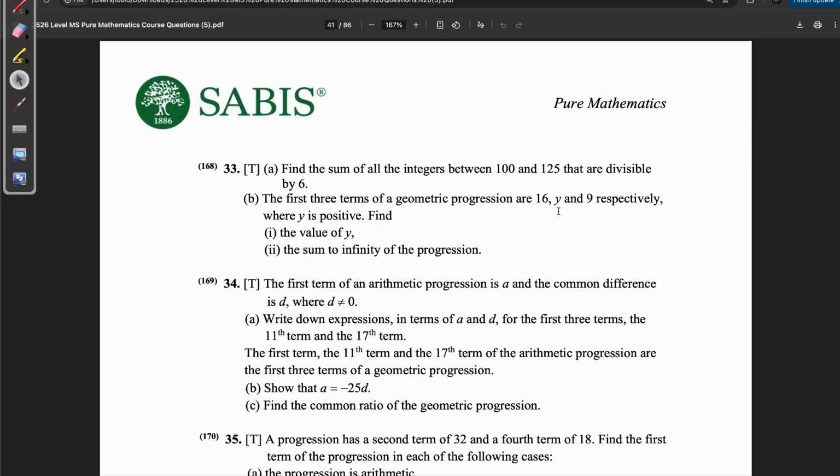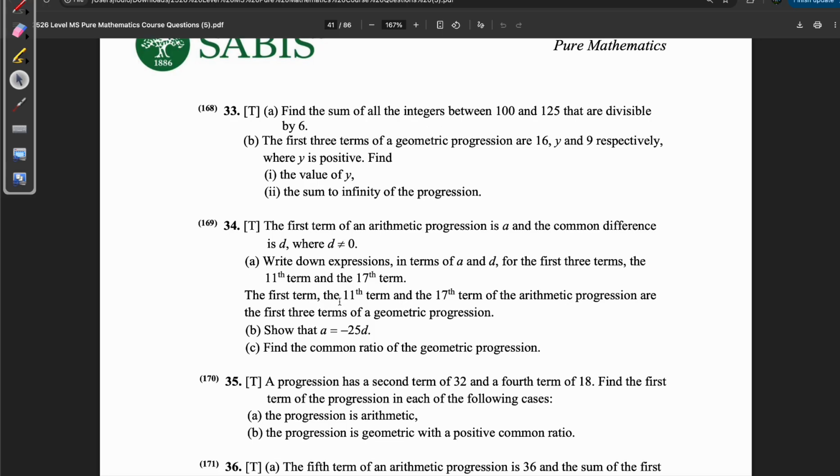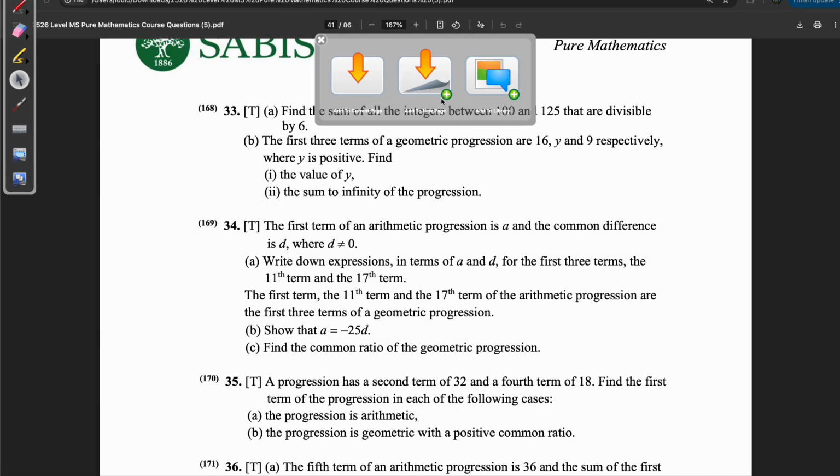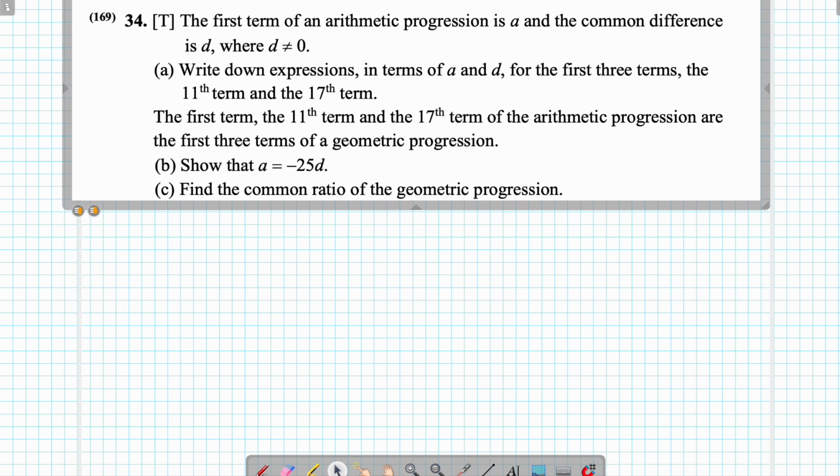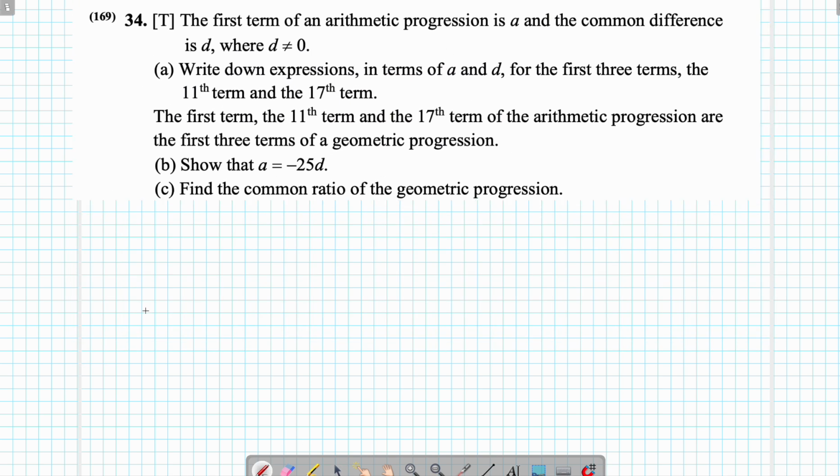That's 32 done. Let's move to 34. The first term of an arithmetic progression is a, and the common difference is d, where d is not equal to 0. Write down the expressions of terms a and d for the first 3 terms, 11th and 17th term. So what we're going to do is the an rule, right?